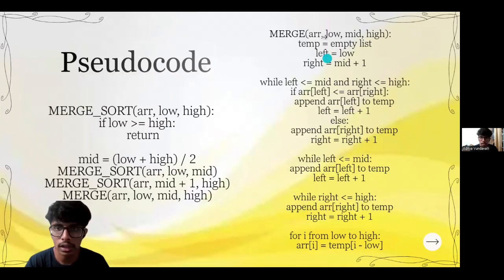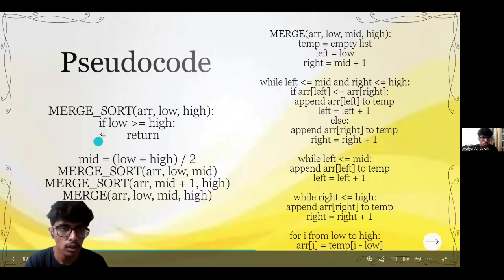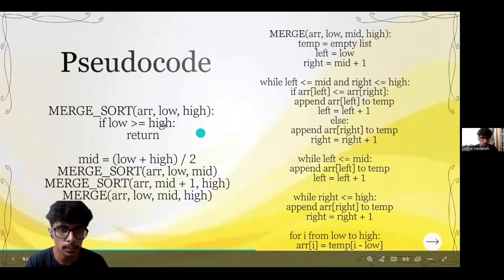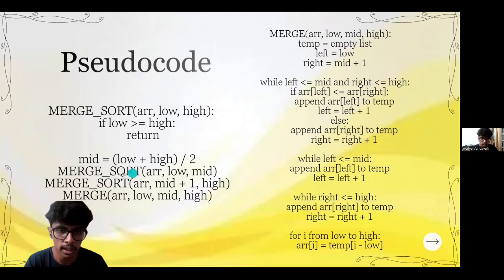Here, as we can see, we have two functions in the pseudocode. First is the merge sort function and the other is the merge function. The merge sort function does the splitting or dividing, and the merge function does the combining. The merge sort parameters are array, low and high. If low is greater than or equal to high, then return.